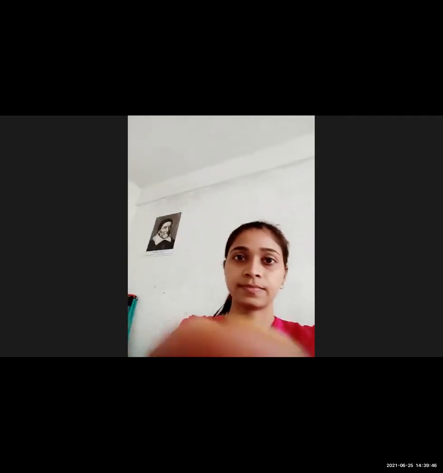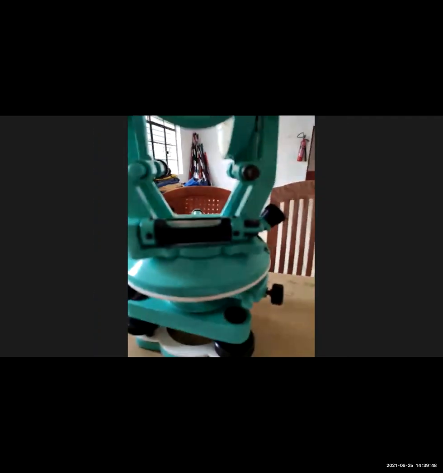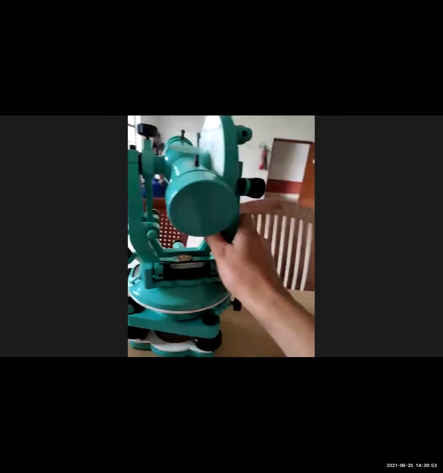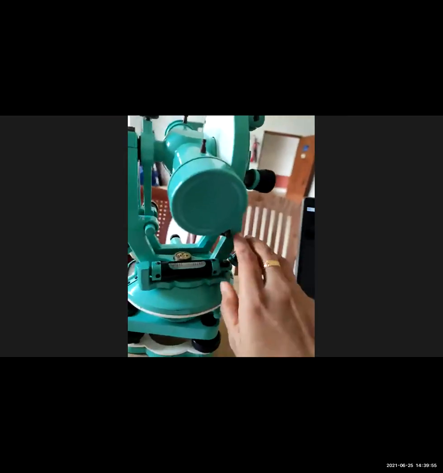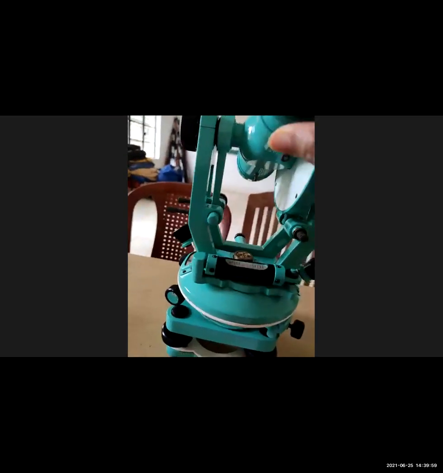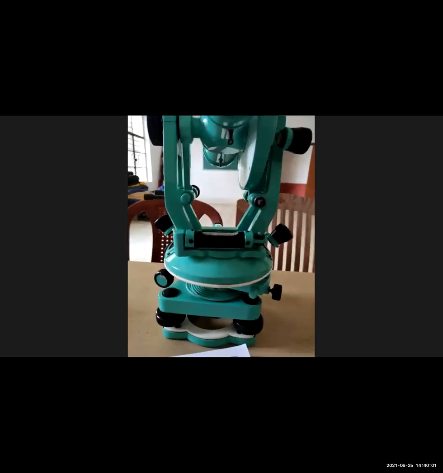See the theodolite. This is the transit theodolite.